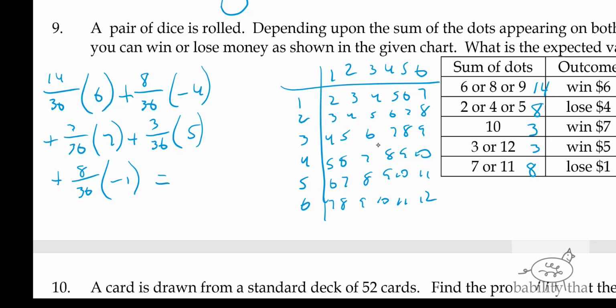So multiply it all out, and you get positive $2.22. So I'd play that game. So on average, you're going to win $2.22. Okay, on average. All right, cool. Moving on.